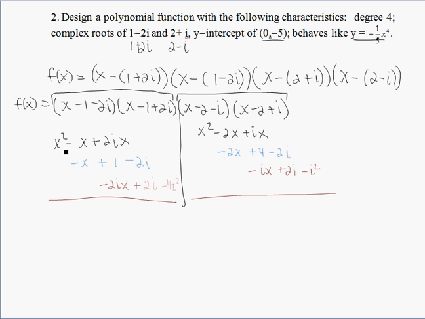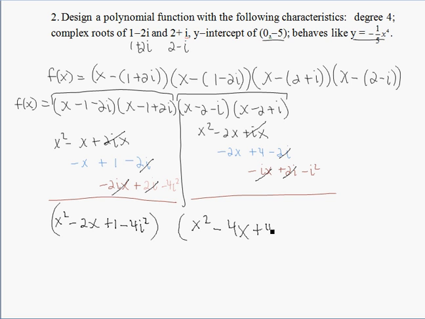Okay, combining like terms on the left-hand side, you get x squared minus 2x, those two cancel, plus 1 minus 4i squared. And x squared minus 4x, those cancel, plus 4 minus i squared.